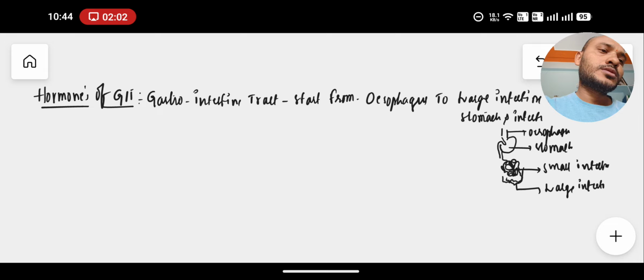So the GI tract starts from the esophagus and goes to the intestine.